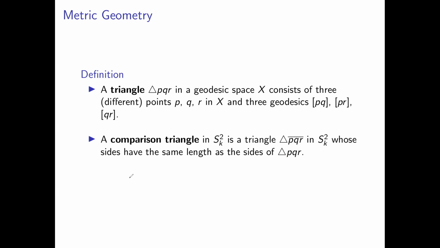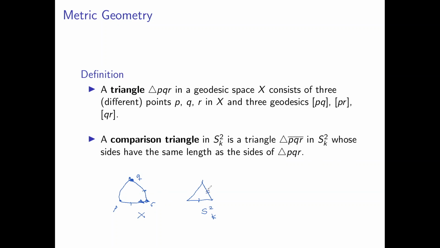Right, so if you have, for example, a triangle here, say P, Q, and R, this is in X, and this would be, for example, S^2_k, and you want the sides to have the same length.